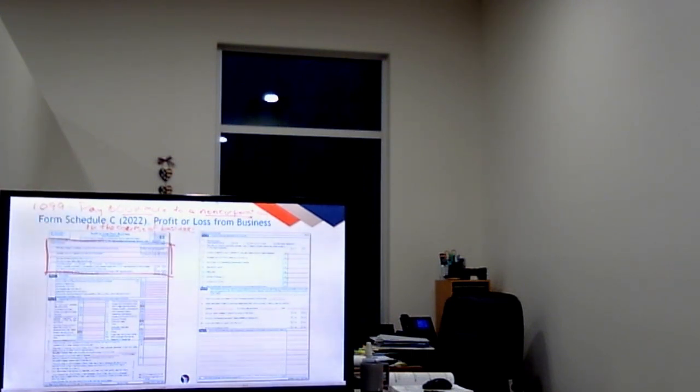So that means if you pay someone 600 or more for a non-business reason, so if you pay your lawn guy $20 a week for 30 weeks, that's $600. You don't have to issue a 1099 if that's not a business property that they're taking care of.